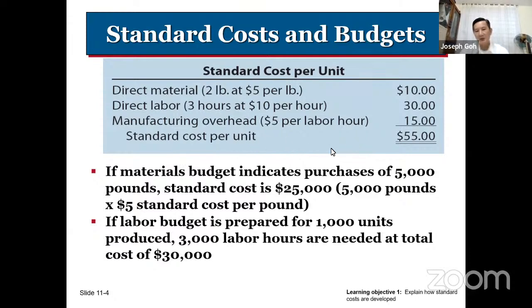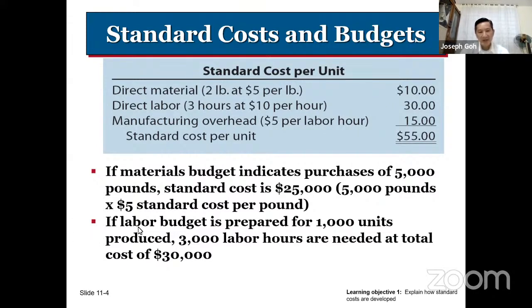In this example, I just put marker pen. So for a marker pen, the standard cost is $55 per marker pen. Just one example. If the material budget indicates purchase of 5,000 pounds, so let's say we purchase 5,000 pounds of material, the standard cost is 25,000, which is correct, because if you buy 5,000 pounds, you times $5 per pound, you will get 25,000.